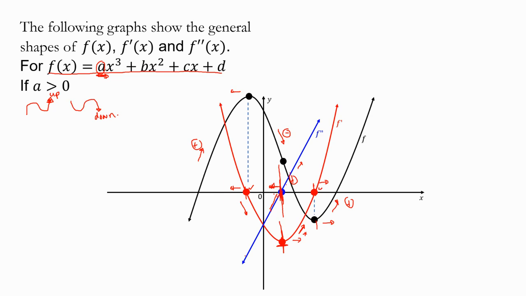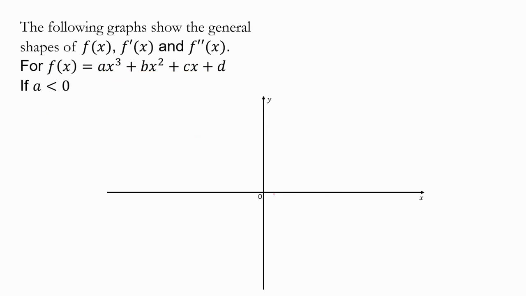If a is positive, the first derivative graph is concave up, the second derivative graph is increasing. I really hope this will give us information that we're going to need when we answer our question. Then the second part that I want us to discuss is when a is less than 0.